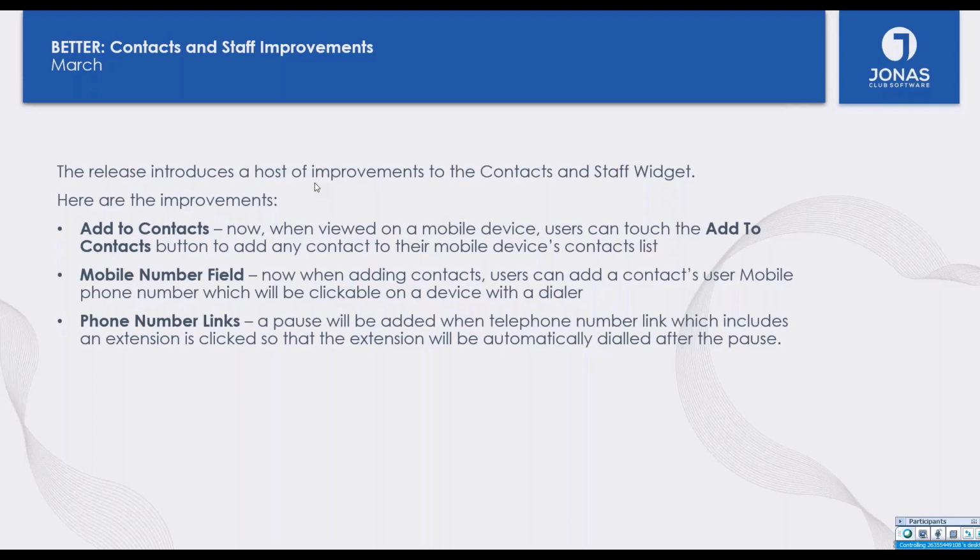There is also a mobile number field addition, which now allows a mobile number of a staff member to be inserted, and when clicked, they can directly call the employee or staff of the club. There is also one more addition of a pause on the phone number links, where a pause will be added when a telephone number link which includes an extension is clicked, so that the extension of that phone number will be automatically dialed after the pause.